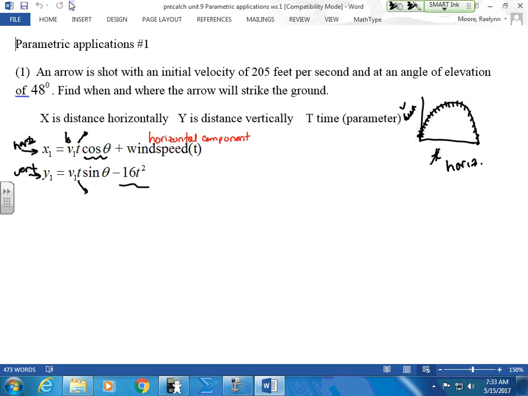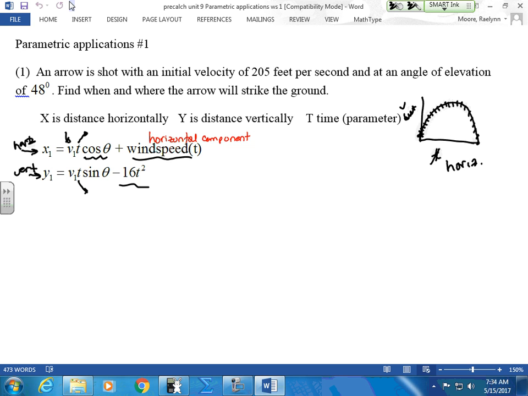Wind speed affects your horizontal distance. It does have an effect on your vertical, but in all, it's going to affect your horizontal. It's going to stop it short or push it. The height of it is not the biggest concern as where it's going horizontally. So wind speed is going to have an effect in your horizontal.